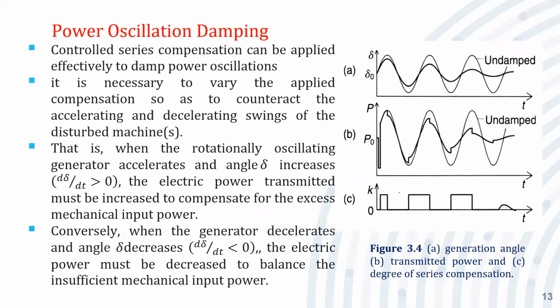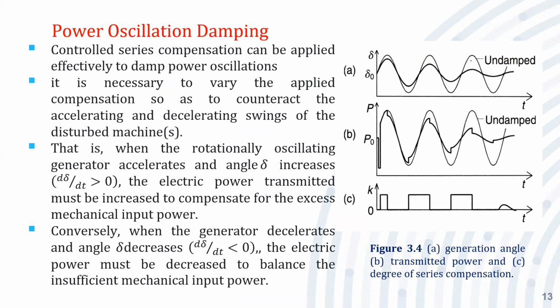Now, the third point is power oscillation damping. The same thing was discussed in the shunt compensation. Whenever a fault occurs, whenever some large disturbance occurs, after the large disturbance the angle delta is going to oscillate. And if the oscillation remains for a long time, the system may come out of synchronism.